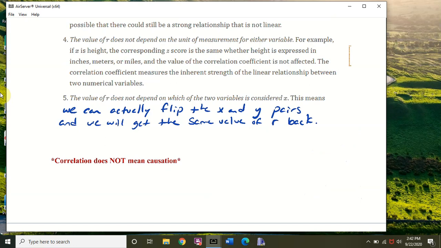Now, one thing the text makes a big deal out of that I'm just going to reiterate is that correlation does not mean causation. An r value close to plus or minus 1 means a strong linear correlation or relationship exists.